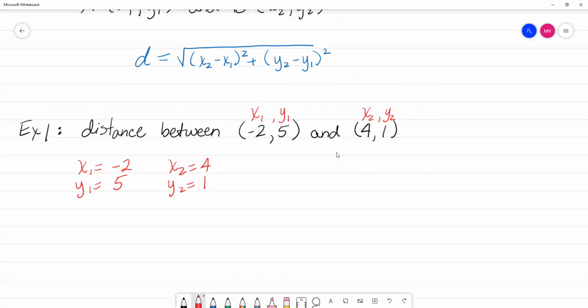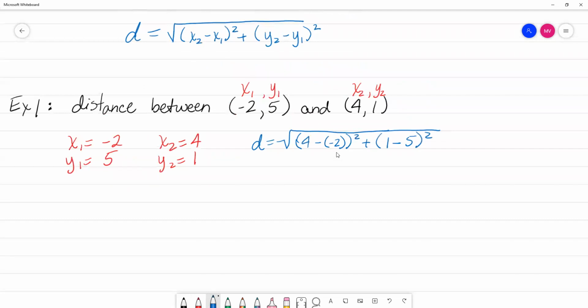But then you can plug those into your distance formula and come up with x2, which is 4, minus x1, which is -2, squared, plus y2, which is 1, minus y1, which is 5, squared.